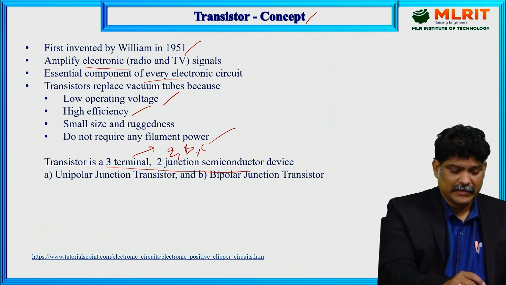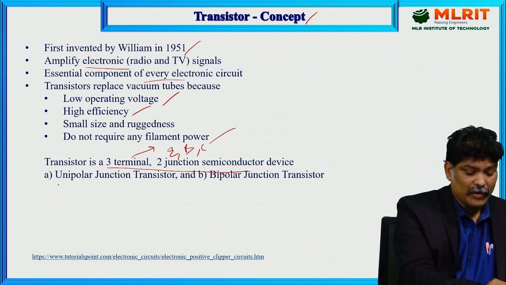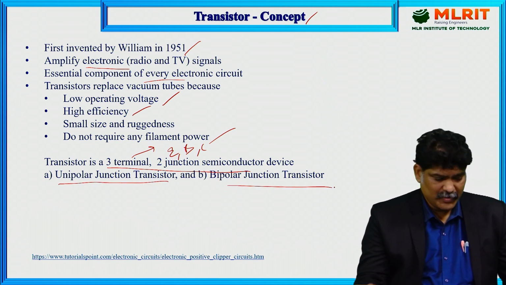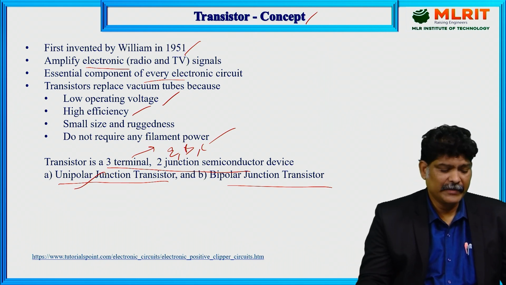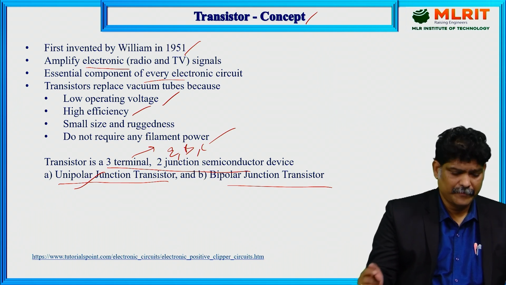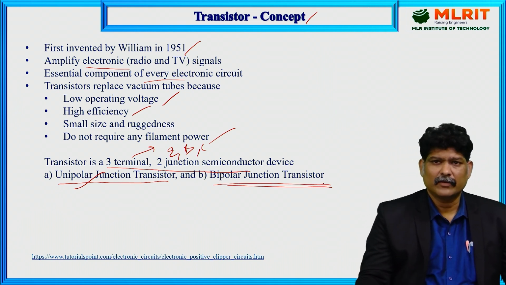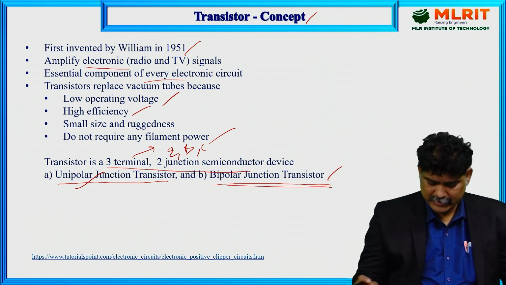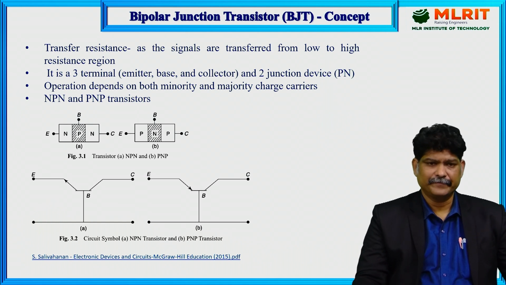We have the unipolar junction transistor and the bipolar junction transistor. Unipolar junction transistor means the operation depends on either electrons or holes, whereas bipolar junction transistor means the operation depends on both electrons and holes. Let us see in detail about this bipolar junction transistor, BJT.